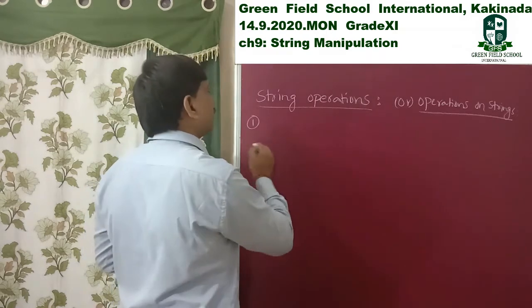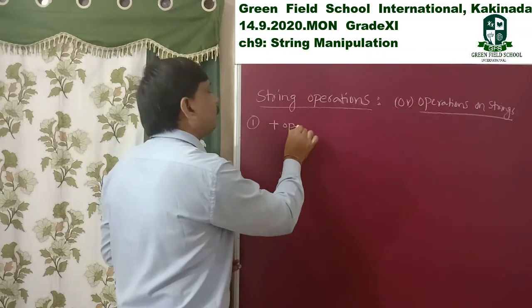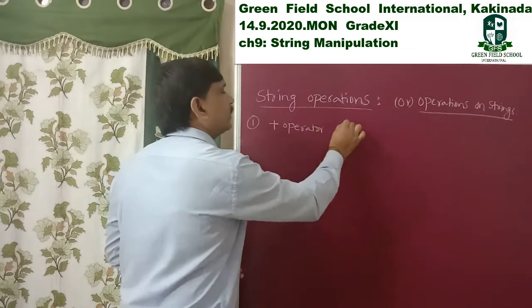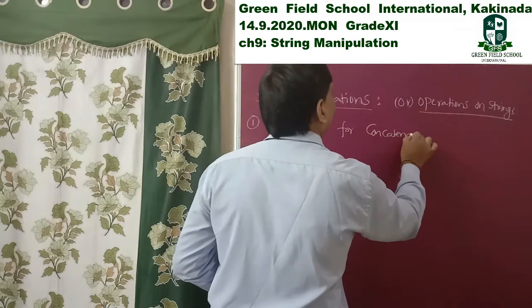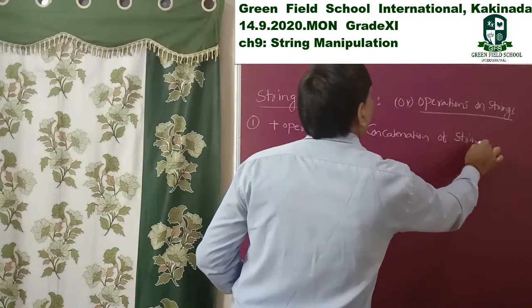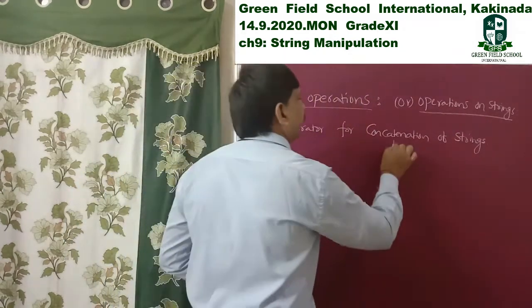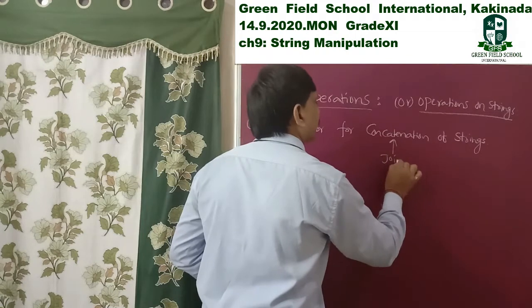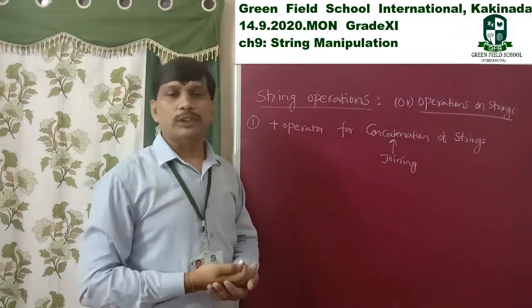One is the plus operator, used for concatenation of strings, to concatenate two strings. Concatenation means joining two strings, or two or more strings.